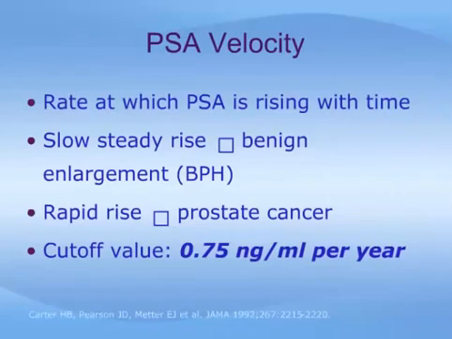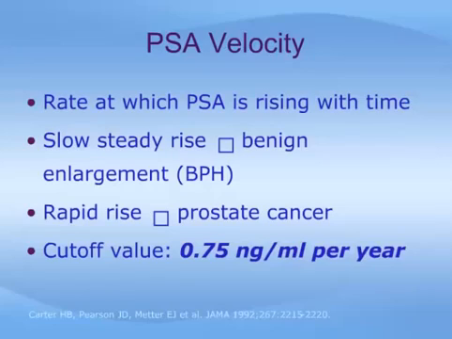PSA velocity is the rate at which PSA is rising with time. In general, a slow, steady rise is more likely to be due to non-cancerous enlargement, or BPH, while a rapid rise is more likely to be due to prostate cancer. The cutoff value that is most widely used is 0.75 nanograms per mil per year.